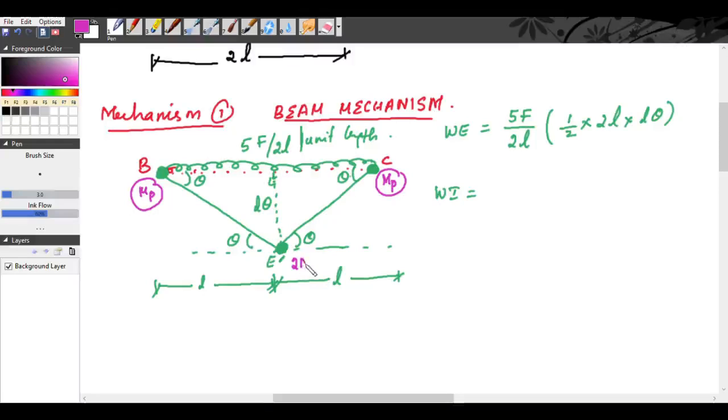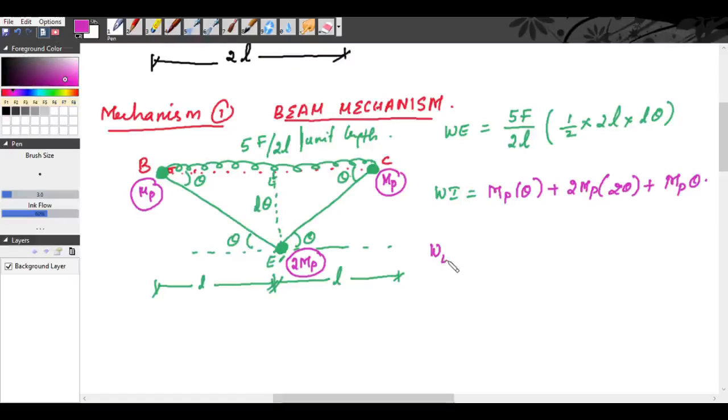So at E dash, the plastic moment is 2 MP. So internal work done is equal to, at B, MP into theta, at E dash, 2 MP into theta plus theta, so 2 theta, plus at C, MP into theta.